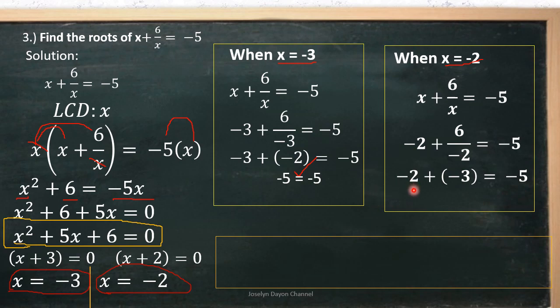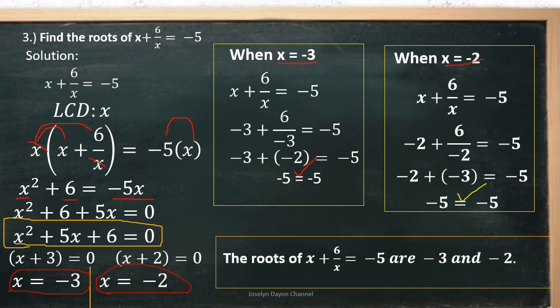Combine negative 2 plus negative 3. The answer is negative 5. Bring down negative 5. If you have observed, we also have a true equation when x is equal to negative 2. Therefore, the roots of x plus 6 over x equals negative 5 are negative 2 and negative 3.